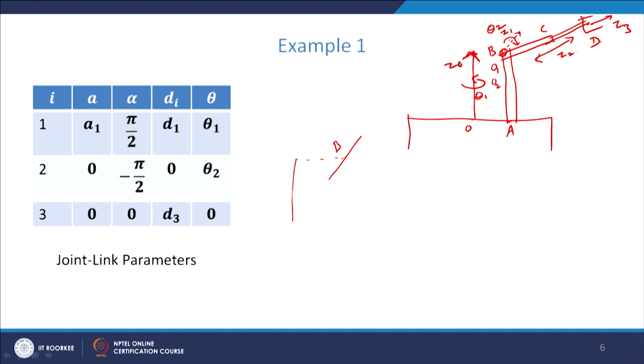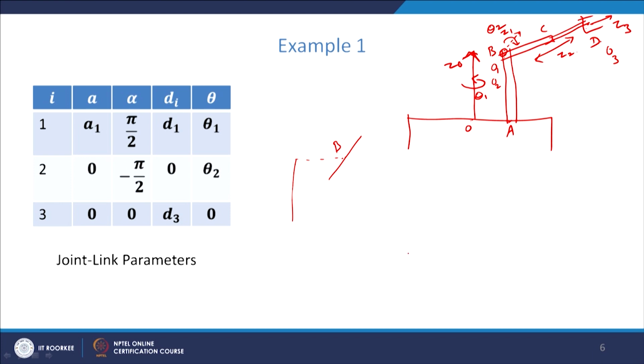So, the origin O1, O2, both of them are at the point B, and the base origin is at the point O here, and another joint is the end effector, that we can call it as O3, that is at the point D. So, now we can fix the x direction, that is Z0 and Z1 do not intersect. So, the shortest distance line itself will give the x direction of the coordinate frame.